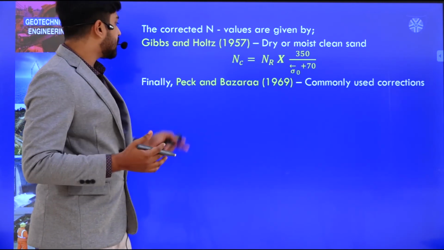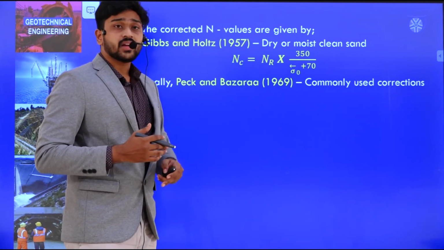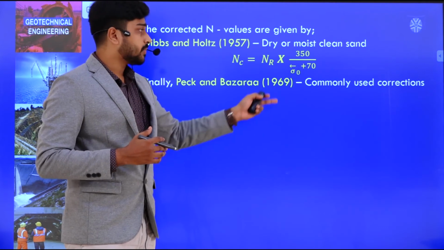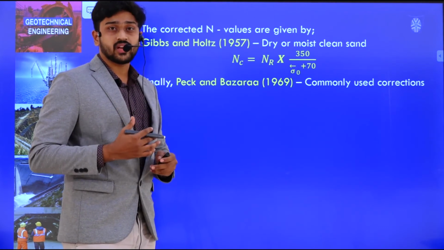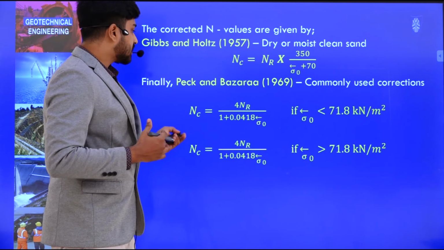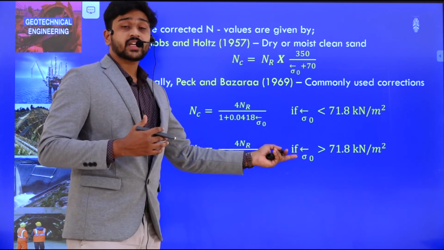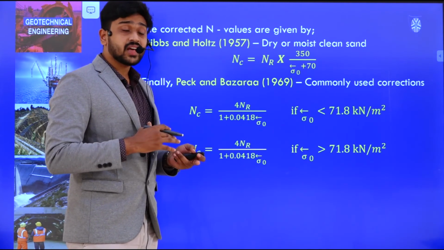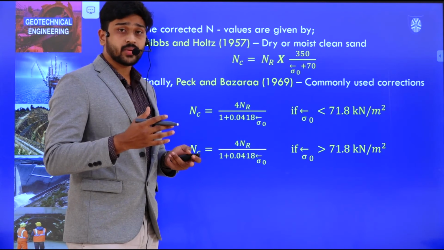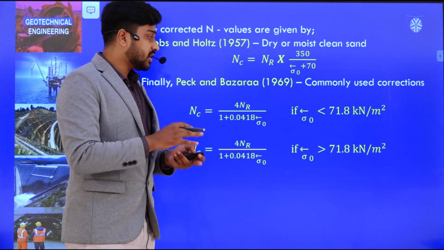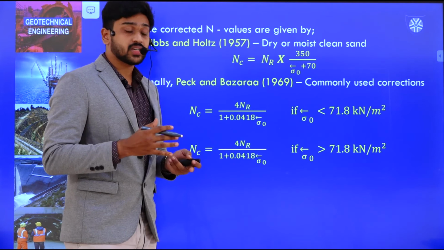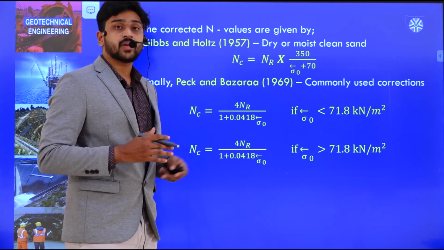Later it was revised by Peck and Bazaraa in 1969. These are the commonly used correlations here. This is given for effective overburden less than 71.8 kilonewton per meter square or more than 71.8 kilonewton per meter square, with this parameter.